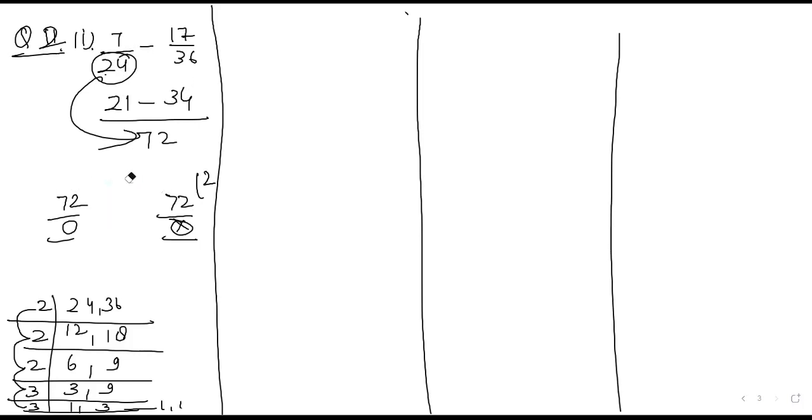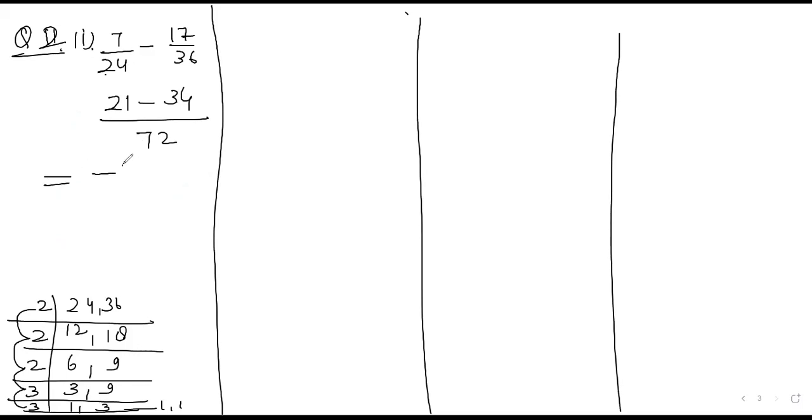So this is your rough work with division. Okay, so now you will get minus 13 upon 72. This will be your answer.